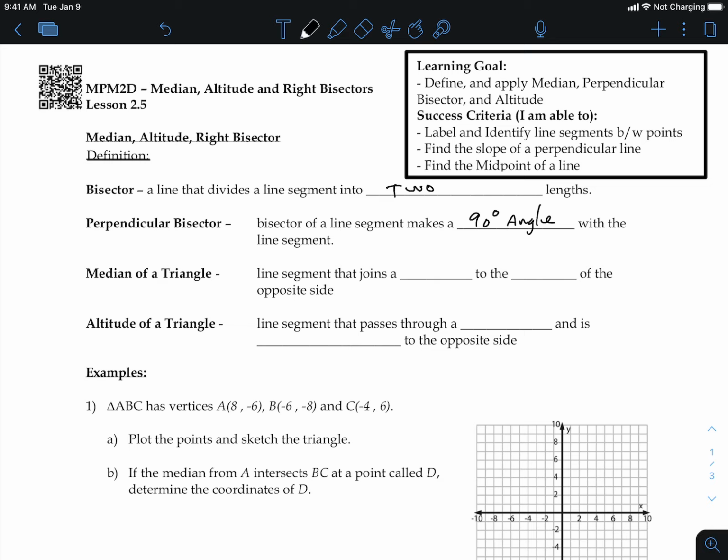The median of a triangle is a line segment that joins a vertex, so one of the points of your triangle, to the midpoint of the opposite line segment. Okay, so something like this. I'll draw you a little picture.